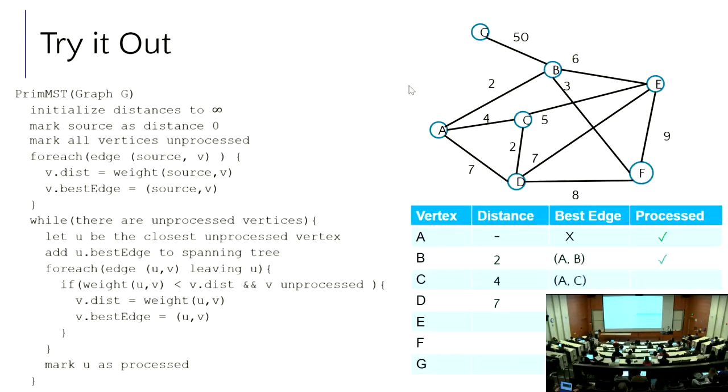Then we can see that connecting A is 2, which takes us to B, 4, which takes us to C, and 7, which takes us to D. So those are our best edges that would then include these 3 vertices in the set of connected vertices. Right now, I think of it as like we're all trying to get connected into one amoeba, and the amoeba is slowly consuming little vertices to connect into one big blob.